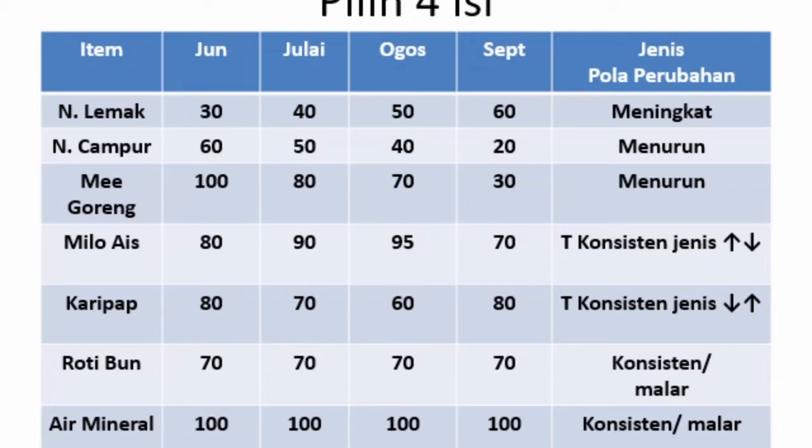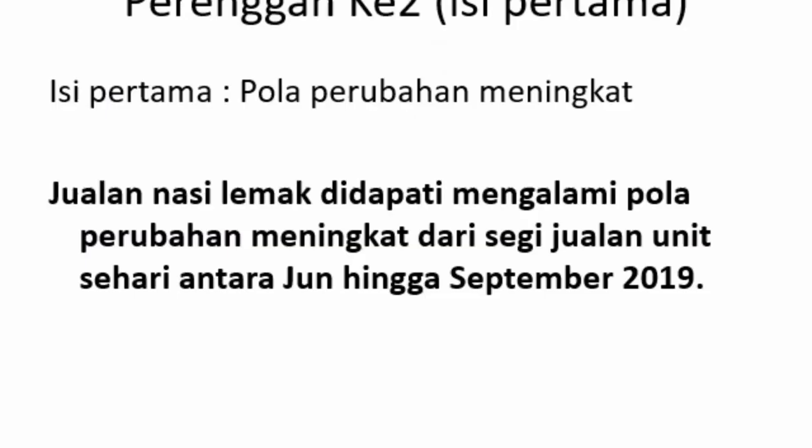So let's discuss how to write the isi. Okay, for perenggan kedua atau isi pertama, I have chosen pola perubahan meningkat. So that would mean nasi lemak. How do you huraikan it? You're going to mention the perkara, you need to mention the pola perubahan, and you need to mention the tempoh. So the ayat sounds like this.